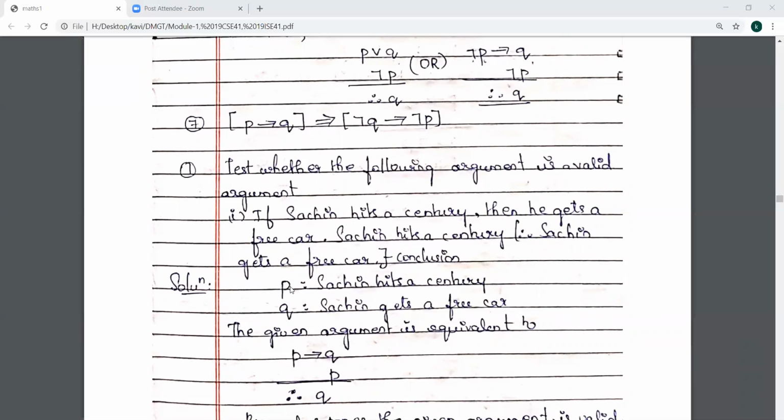I defined this as P. So second statement is P. Therefore, Sachin gets a free car, so that will be the statement Q. So this is the symbolic form of the given argument.